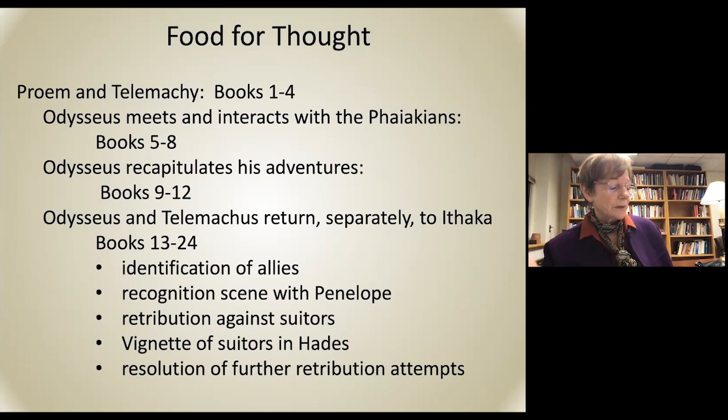And what appears to be a resolution that some people argue is a later addition, but many things have been added to the Odyssey over the centuries by a process of accretion, that the bards added things before.